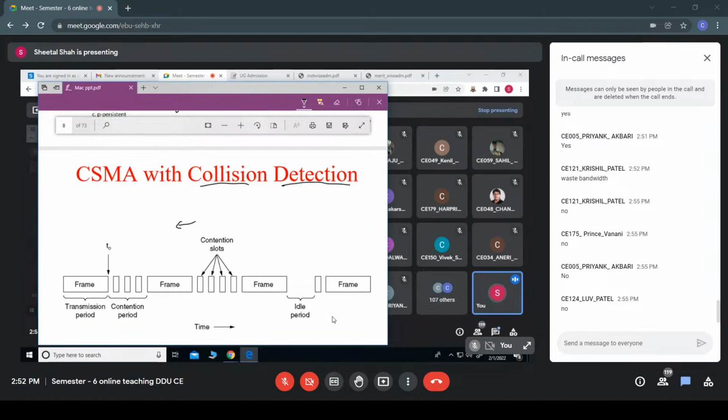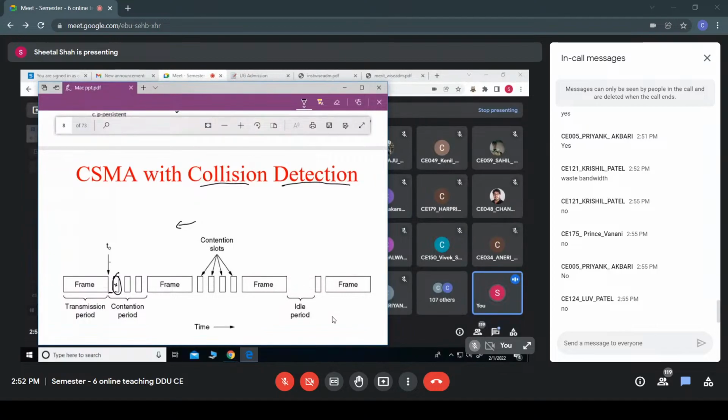For example, suppose this is the frame which is transmitted. Now this is some idle period, and suppose station A as well as station B have both started transmitting. Once they find that there is a collision, they do not transmit the entire frame but stop there itself so that the bandwidth can be saved. Are you getting me?